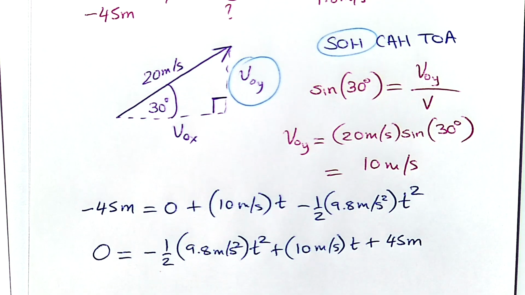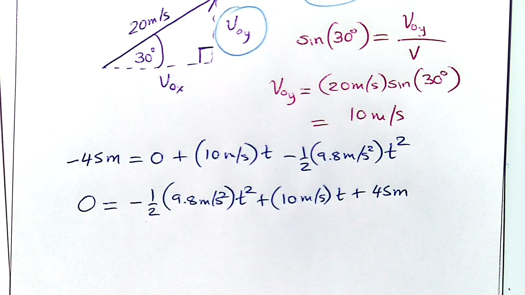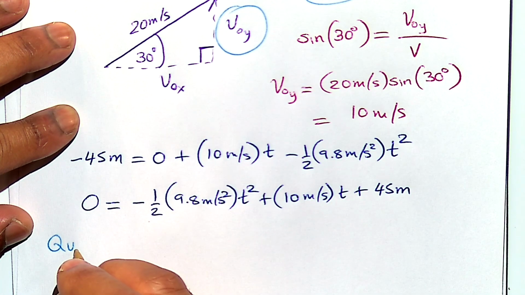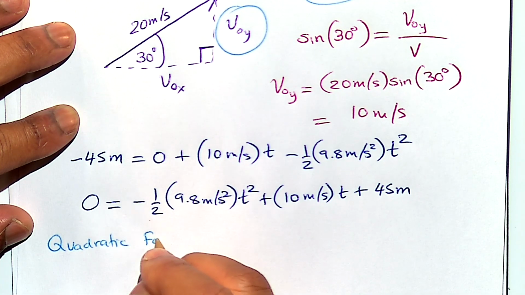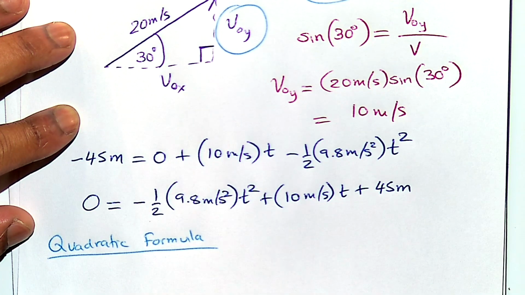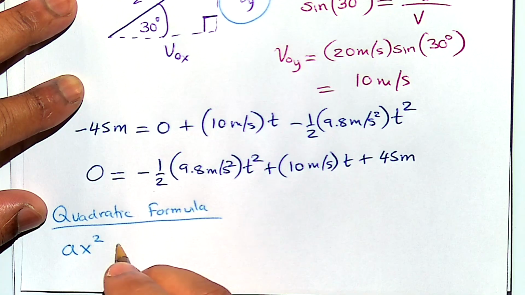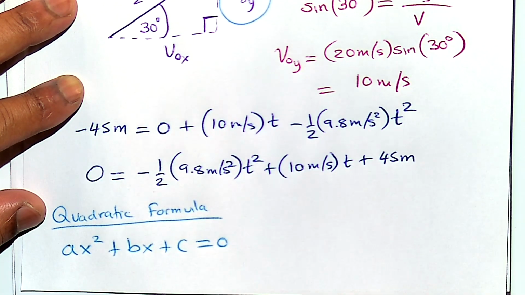Okay, and this should take on a form, hopefully, that is a little familiar to you, right? From your math class, you probably remember the quadratic formula, right? Which goes as ax squared plus bx plus c is equal to 0, right?